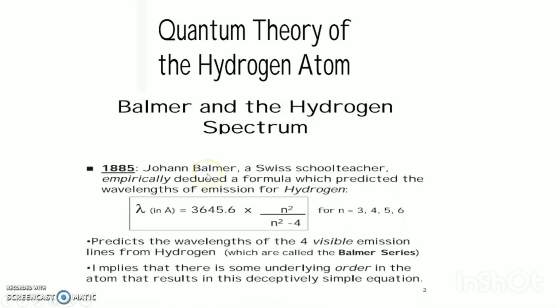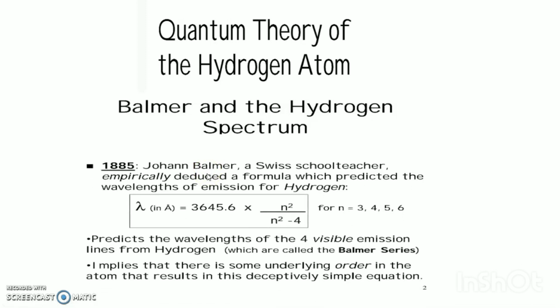In 1885, Johann Balmer, a Swiss school teacher, empirically deduced a formula which predicted the wavelength of emission of hydrogen: lambda, in Angstrom, is equal to 3645.6 times n squared divided by n squared minus 4.